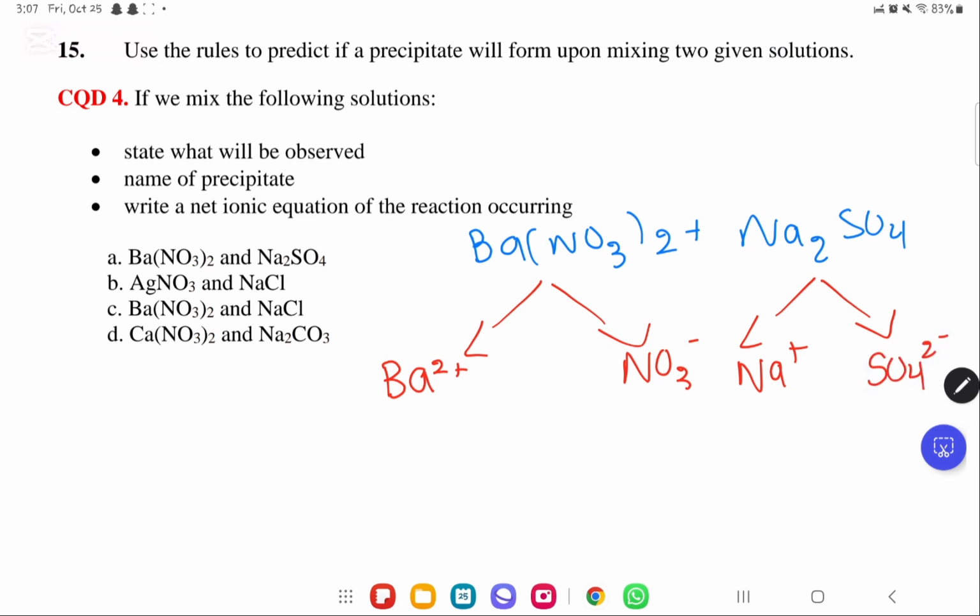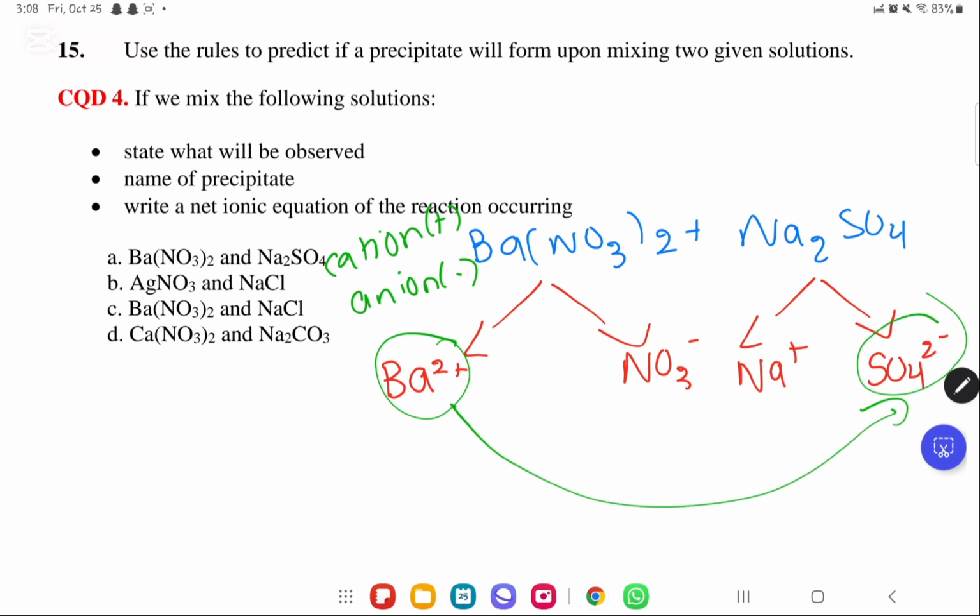Then what you're going to do is switch every cation, meaning positive, with the other anion. Anion means negative. So Ba2 plus, its original anion was NO3 minus, so it will take the other one, which is SO4. Then Na plus, its original anion was SO4, so it will take the other one, which is NO3 minus.